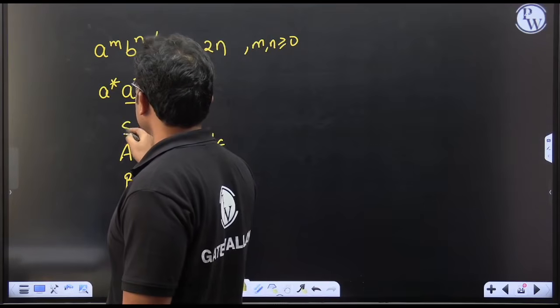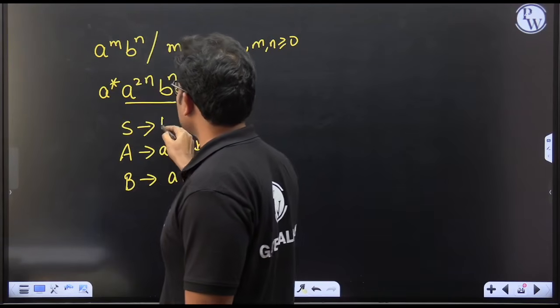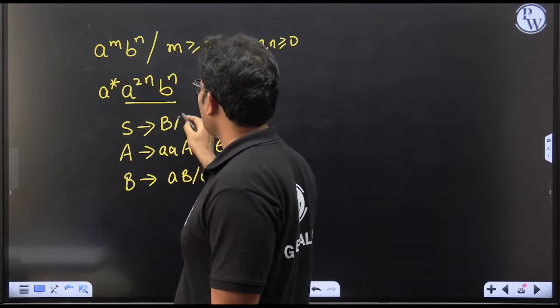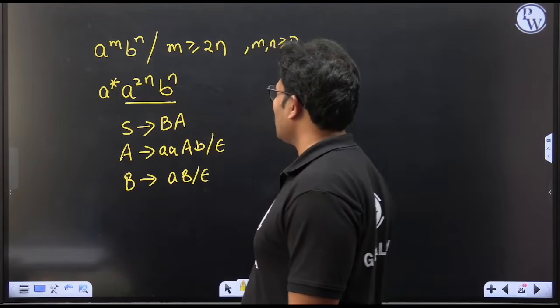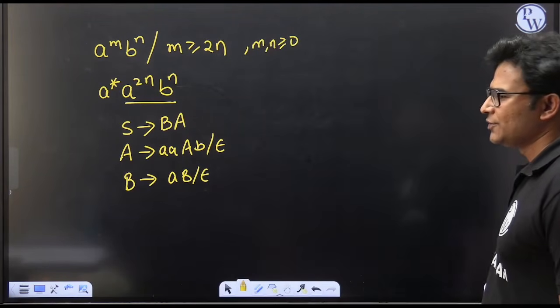Now S derives B followed by a power 2n, b power n. S derives BA.